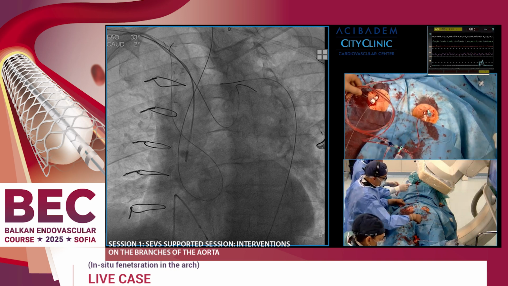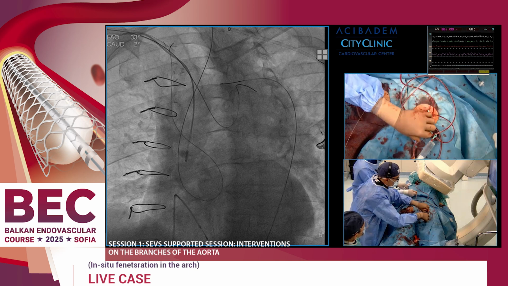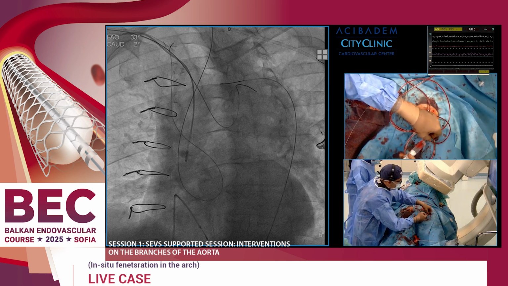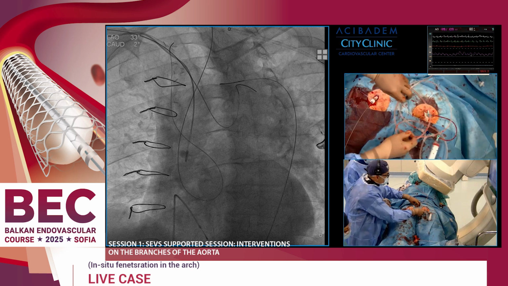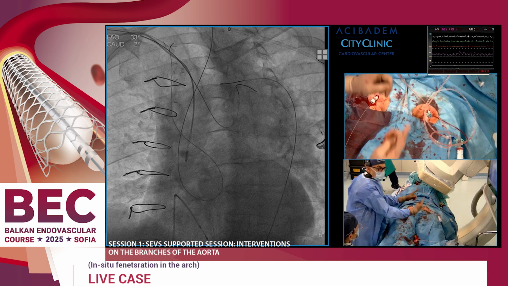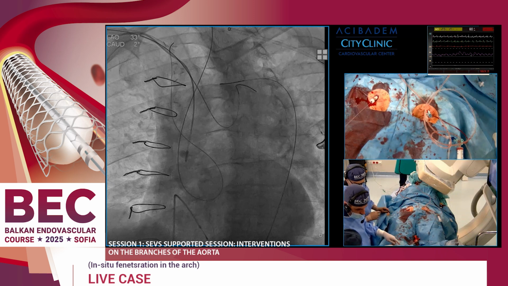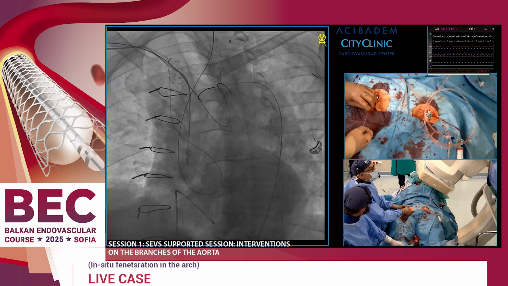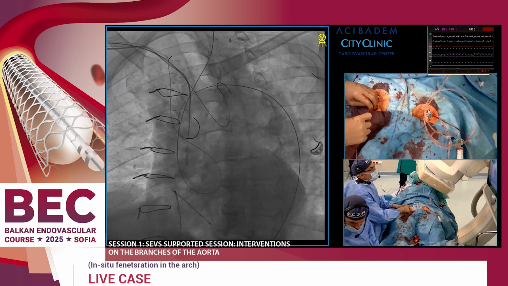And after covering the carotids, we are going to show you how the flow is going from the femoral up to the brain. Okay, we are ready now to position the Lunderquist in the ascending aorta.